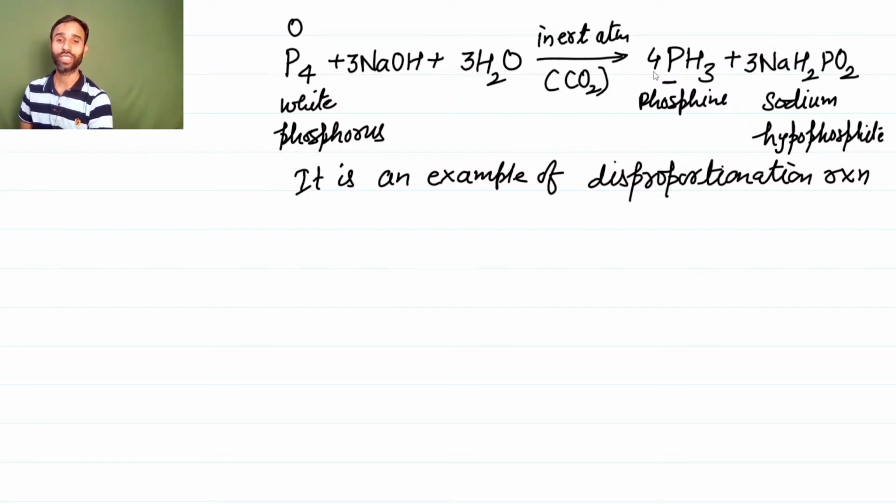What is the oxidation number of phosphorus in PH3? Very good, Abhay. It is -3. And what is the oxidation number of phosphorus in sodium hypophosphite? Fast, fast.